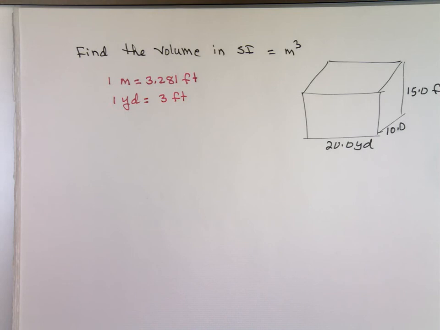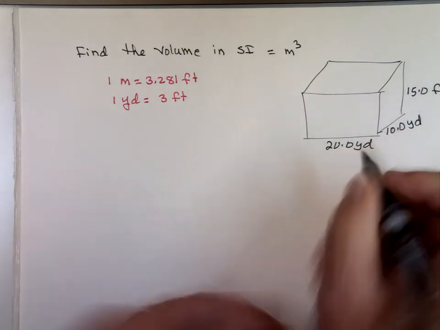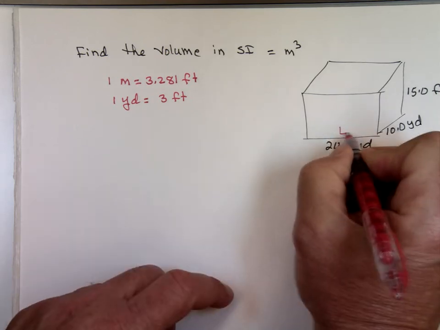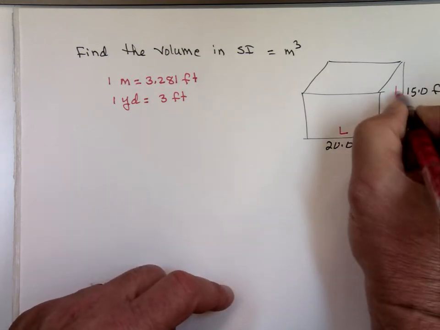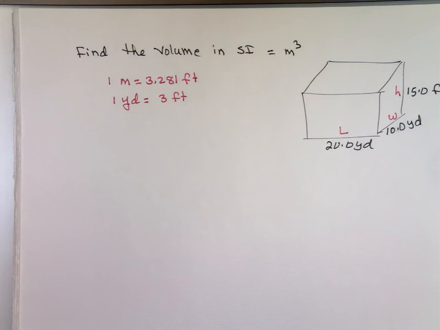So that's what I'm going to be using. The 10.0, this is yards, I just didn't write it. This is the length, this is the width, and that's the height. I need to convert each one of them to meters.